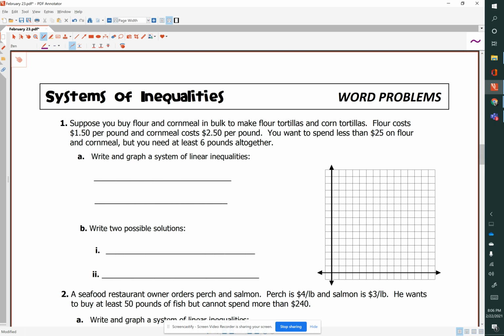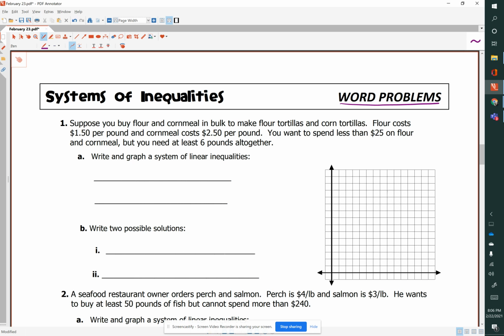All right, so we've got systems of inequality word problems here. Except for the graphing, and the fact that they're inequalities, much of this we've done before. We will start by identifying the variables. So suppose we buy flour and cornmeal in bulk to make flour tortillas and corn tortillas. Flour costs $1.50 per pound, and cornmeal costs $2.50 per pound.